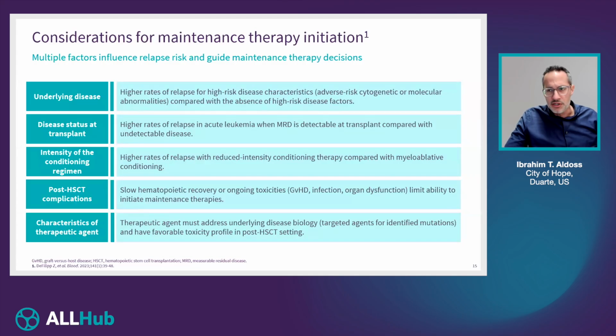But also the intensity of the conditioning regimen. Patients receiving reduced intensity, non-myeloablative conditioning are at higher risk of relapse compared to myeloablative. And we have seen this in Ph-positive ALL: if they receive a reduced intensity transplant and you give TKI after, the risk of relapse is low, compared to patients who have Ph-negative ALL, receive reduced intensity transplant, and we see higher risk of relapse.